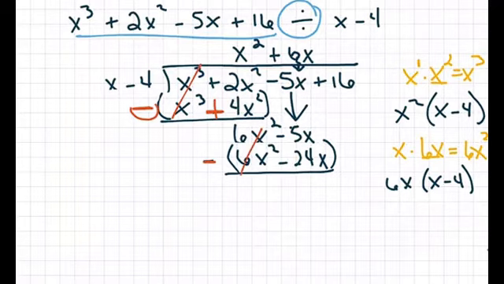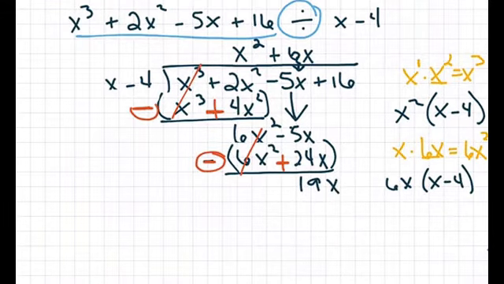Negative 5x minus a negative 24x, minus a negative becomes a plus. I'm circling that to remind myself I've already done it. So negative 5 plus 24 is a positive 19x.